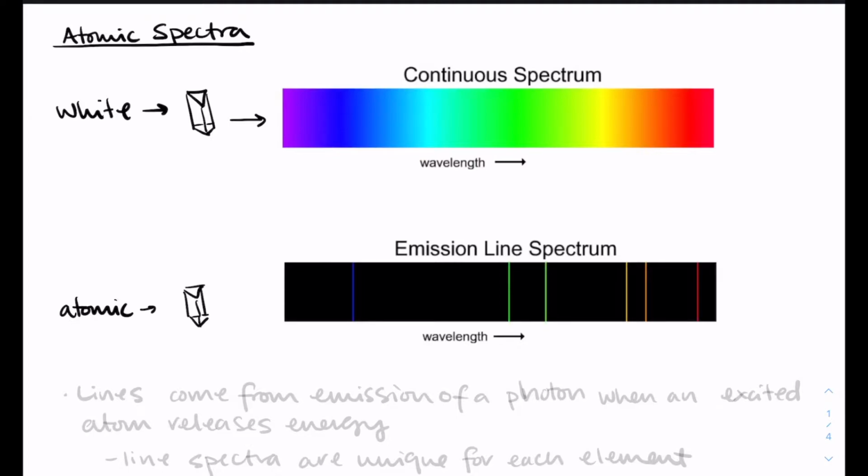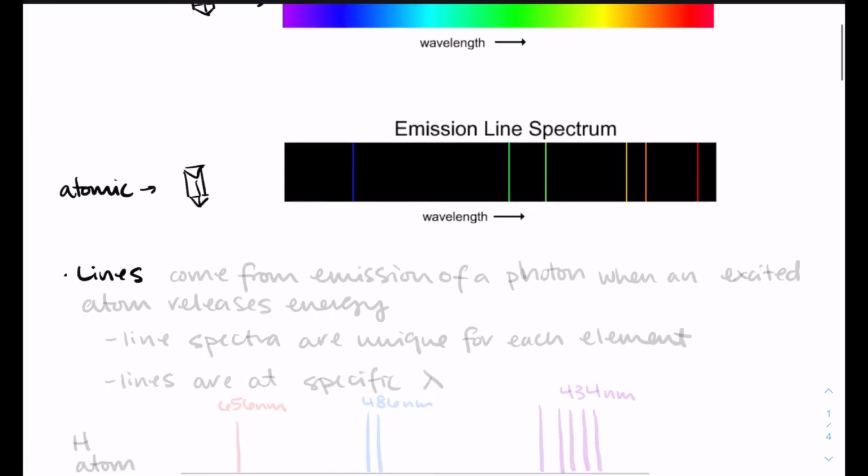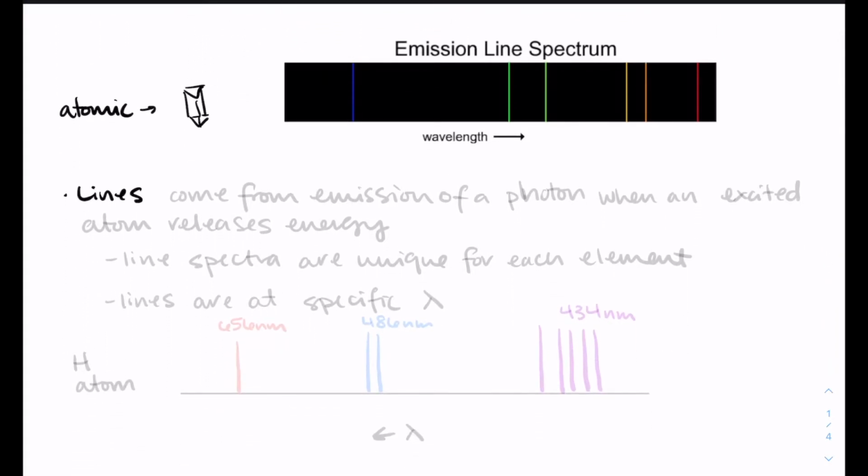And if we can get that to light up and we put that light through a prism, we instead get an emission line spectrum. So the colors don't blend together. We do see lines in specific color regions and even some that are outside of this visible color region, but it is a line at a very specific wavelength and energy.